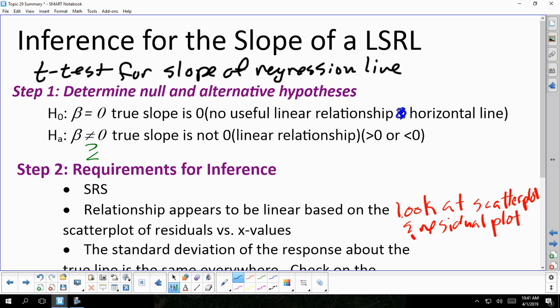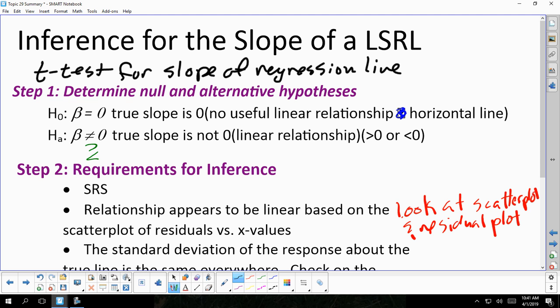And our null hypothesis is that the slope equals 0. So that's our status quo. There's no useful information given by the regression. And then our alternative is that the slope's not equal to 0, or it's greater than 0, a positive slope, or less than 0, a negative relationship between the two variables.